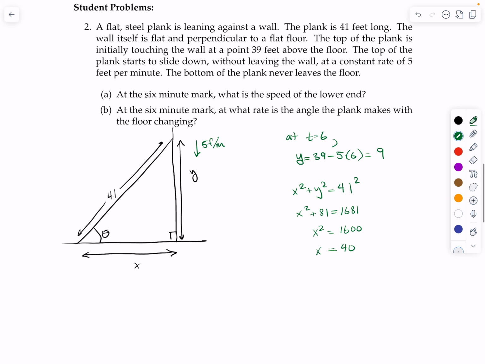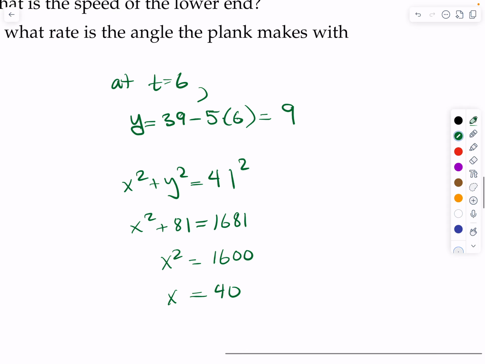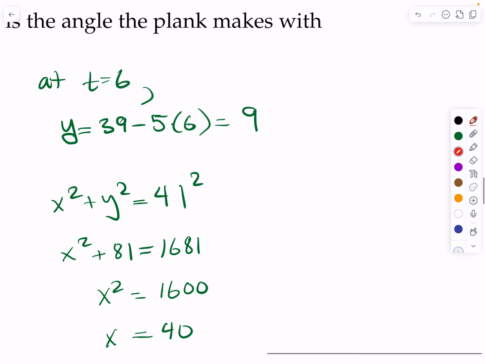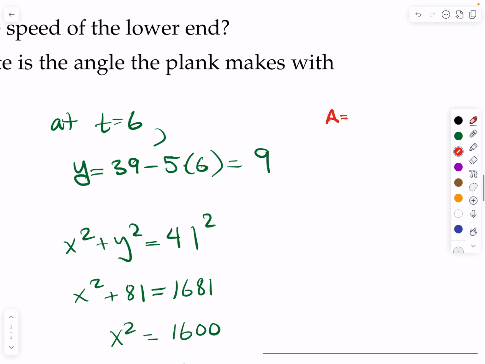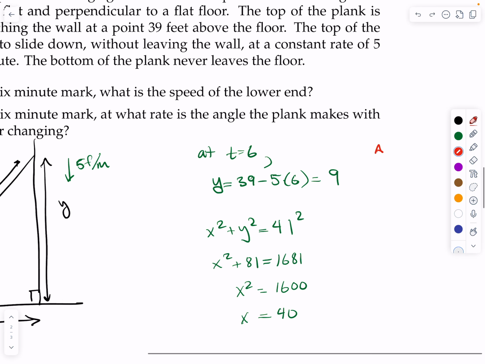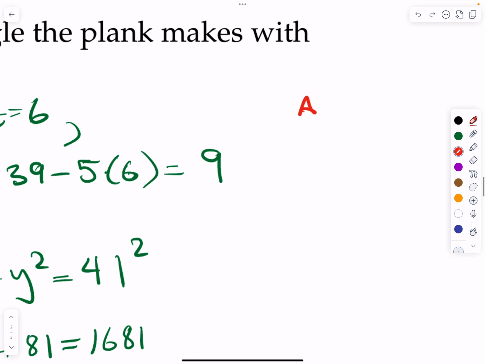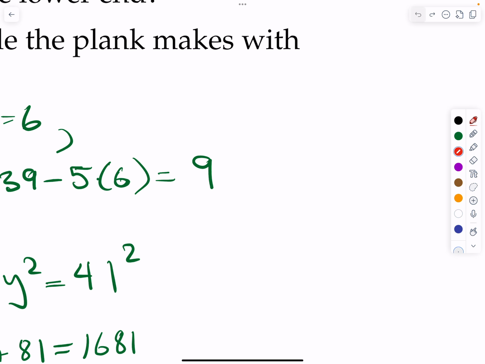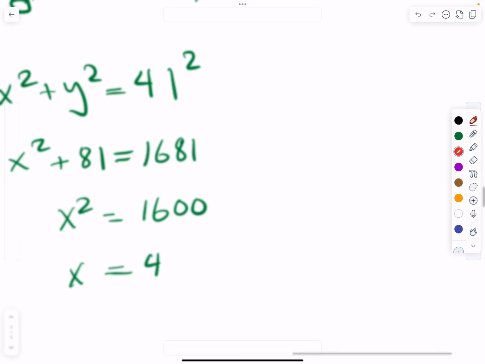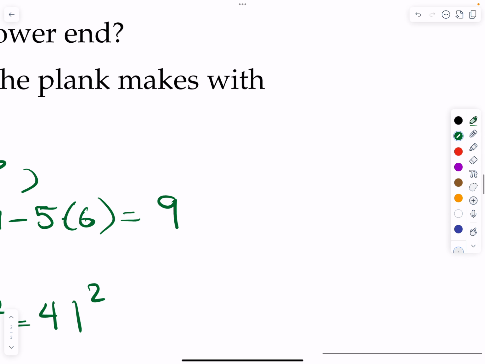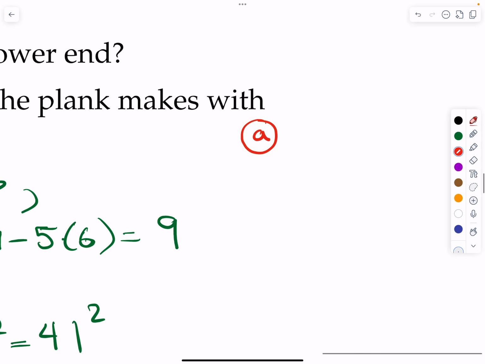And so now let's actually do the related rates. So this will be part little a. Finally, we want to know what dx over dt is.